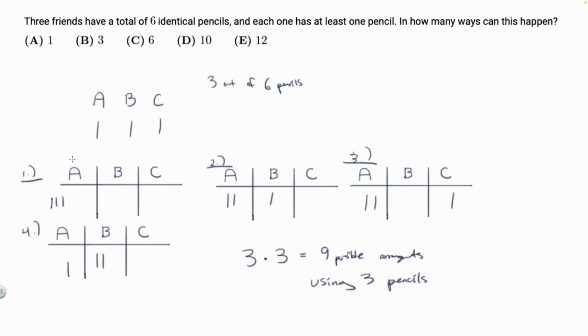It's 3 times 3, 9, and then we had the first variation, since it required at least 1 pencil for each person, so that's 1 possible arrangement. So we have 9 plus 1 equals 10, so our answer is D.